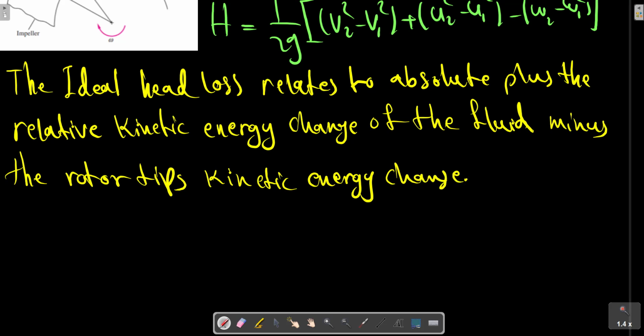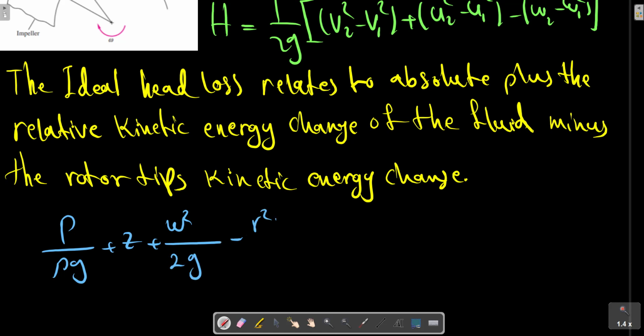Finally, substituting for H from its definition in the Bernoulli equation and rearranging, we can obtain the classic relation of pressure over rho plus V2 over 2 minus W2 over 2 minus R omega squared over 2.